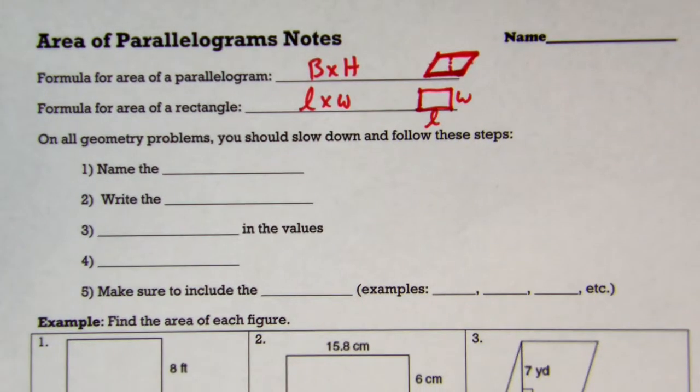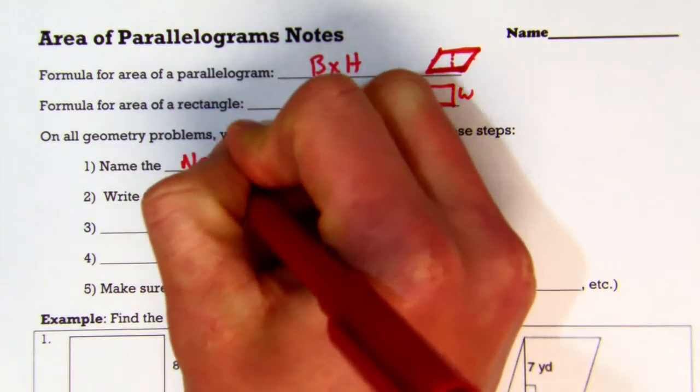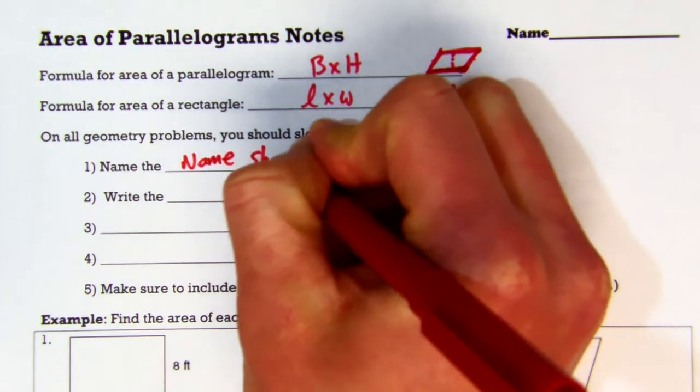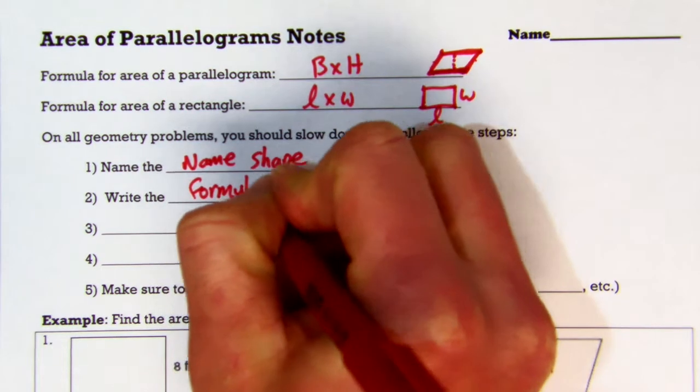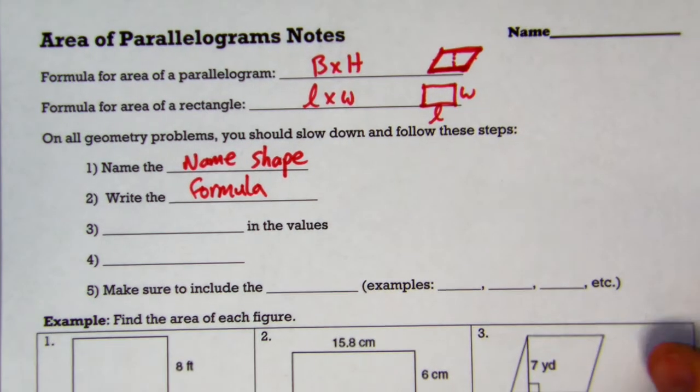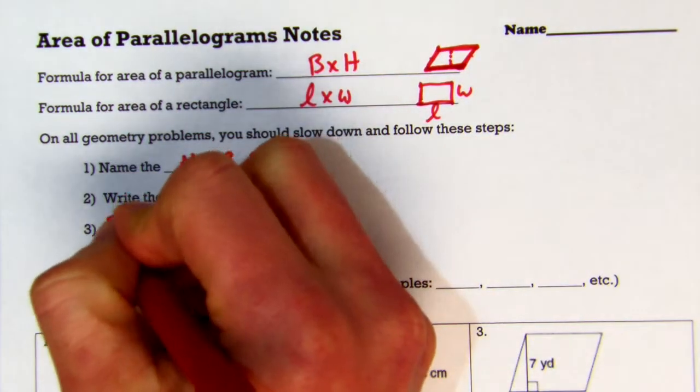On all these geometry problems and anything we do, I want you to make sure you follow these rules. Number one, name the shape. Number two, write the formula. Every time you write the formula, it's going to help you remember it a little bit more. Number three, substitute in the values.